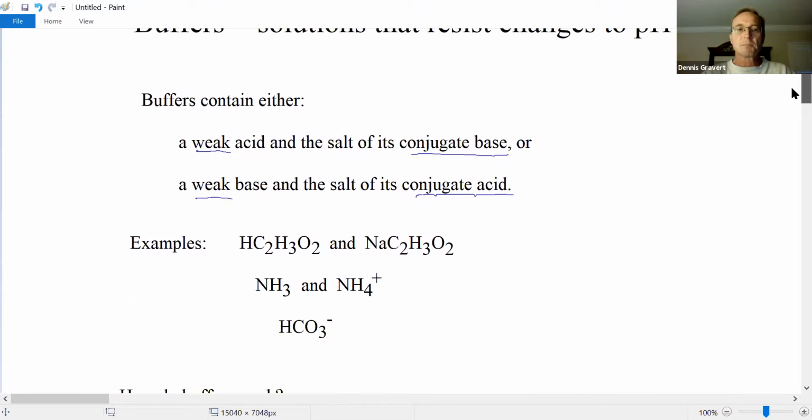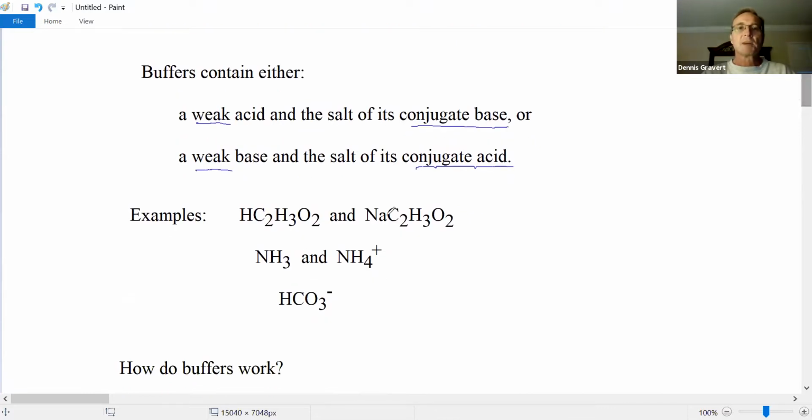Here are some examples of buffers. You might recognize the acetate molecule here, the polyatomic ion, and with an H in front, it makes it an acid. Is this one of the strong acids we have to memorize? No, therefore it's a weak acid. When this molecule donates its H+, you're left with acetate. That is the conjugate base of this acid.